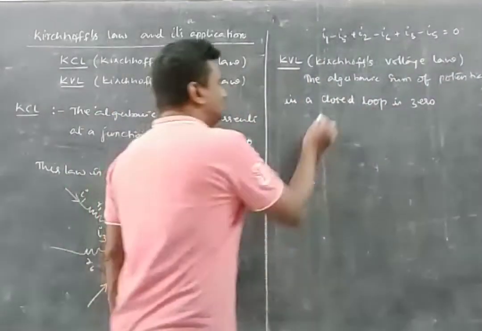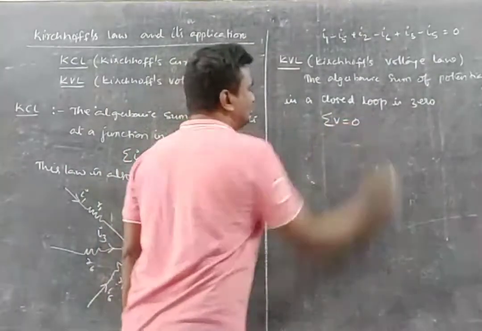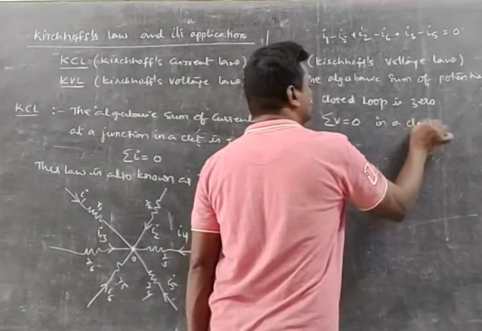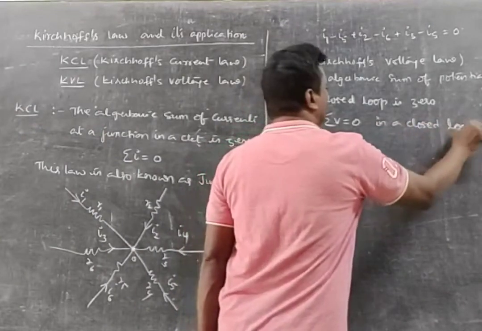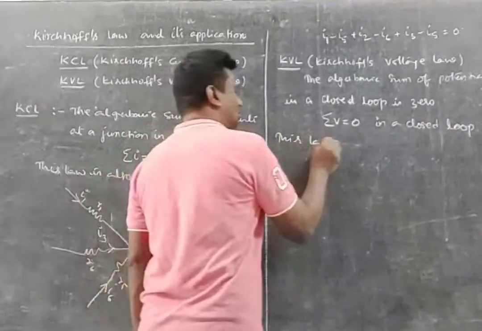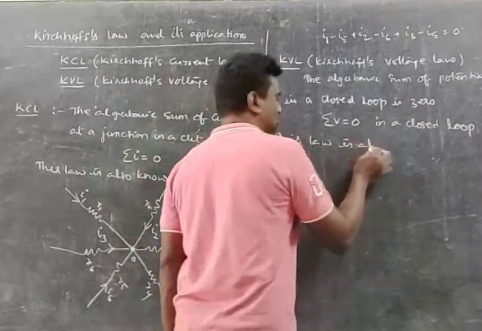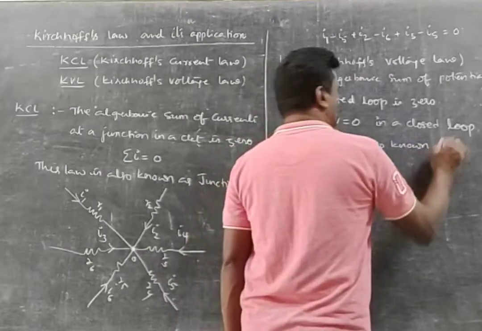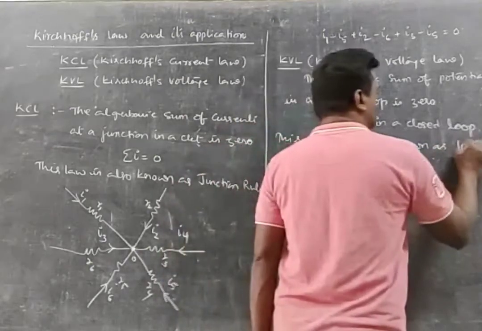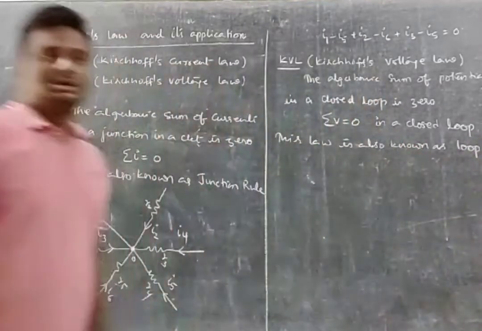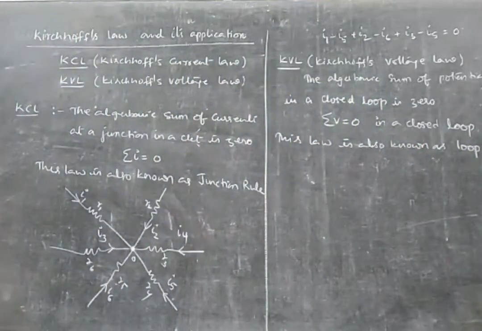That is, sigma V is equal to 0 in a closed loop. This law is also known as the loop law. This particular KVL is also known as the loop law.